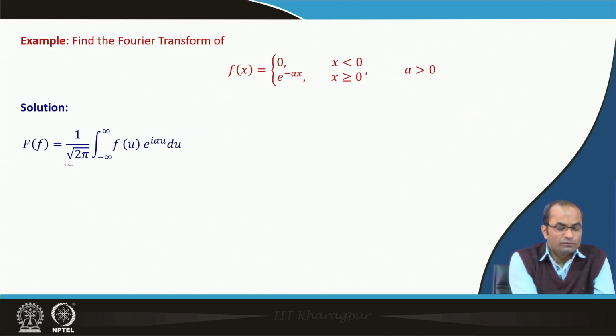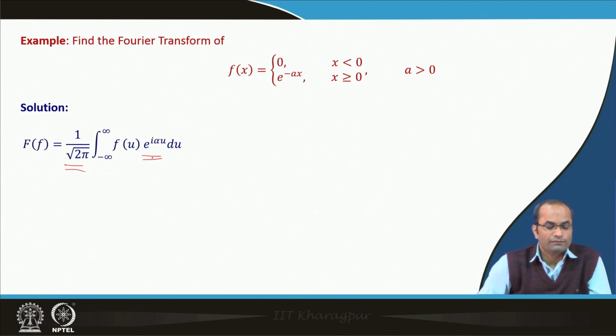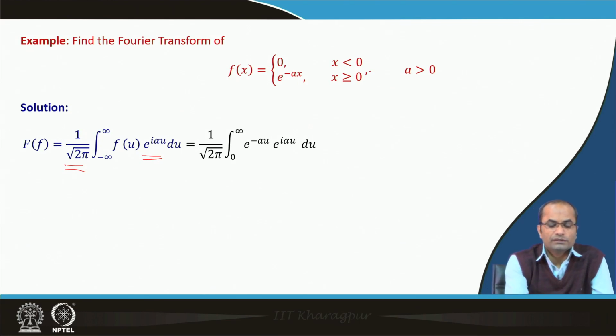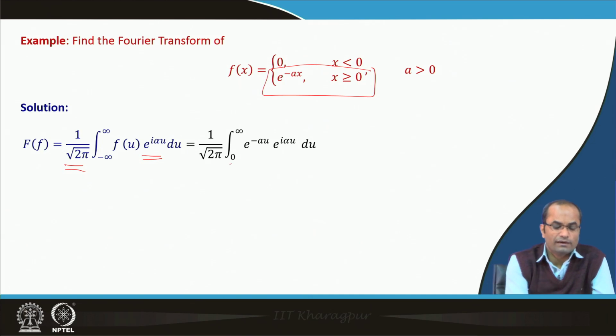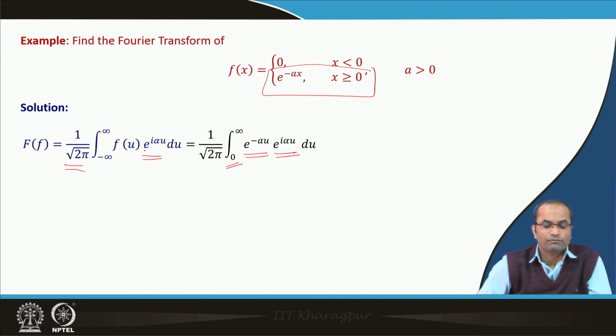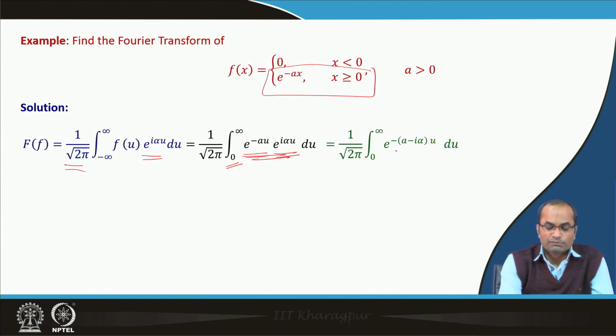So, here we have 1 over square root 2 pi with this exponential, plus I alpha u, and then we can use the definition of f(x), which is just given for positive x. So, we have then 0 to infinity e power minus a u, and then e power I alpha u du. These can be combined now, since we are working with the exponential function.